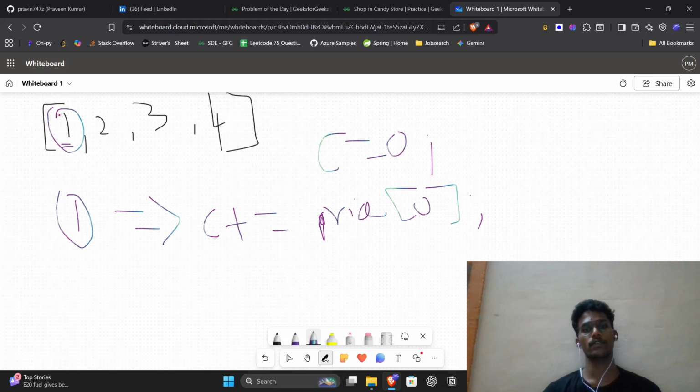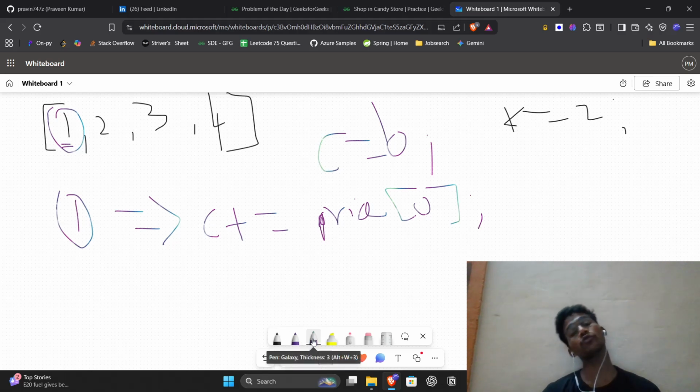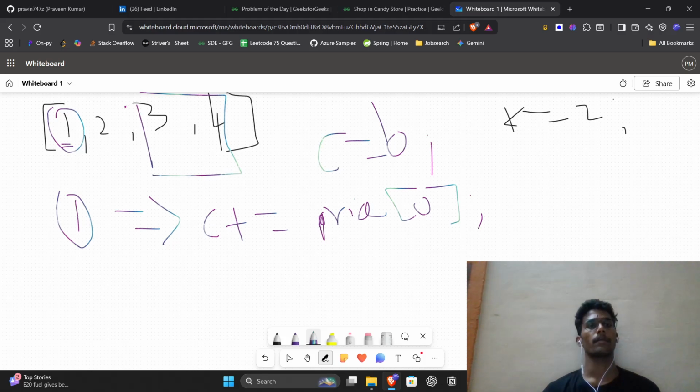You purchased this one, and I get an offer to get K candies for free. As we discussed earlier, for this test case, the K's value equals 2. So I can choose any two. Apart from this one, I can choose any two to get for free, and I choose these two because they are costlier compared to the others.